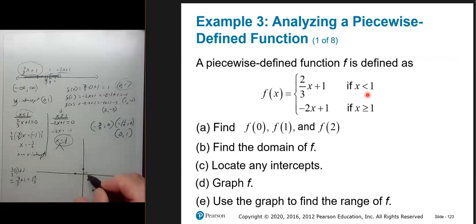So when x is 1, the y value is 1 2/3. So I'm going to put an open dot there at 1 2/3. And the graph of this line is going to look like this on that side. On the other side, it drops down here and goes down this way.